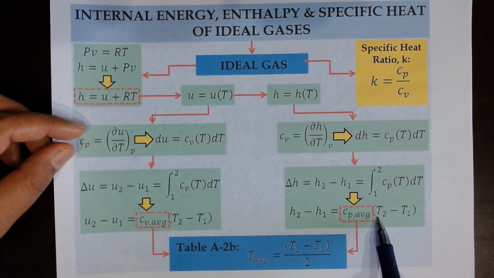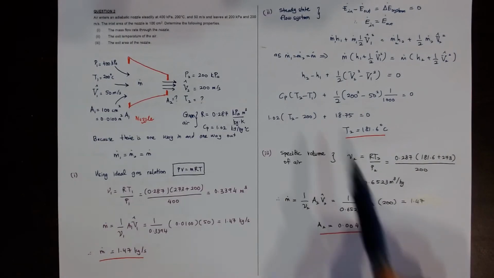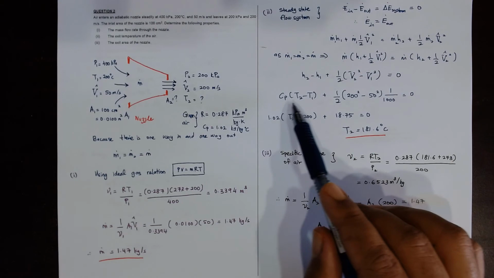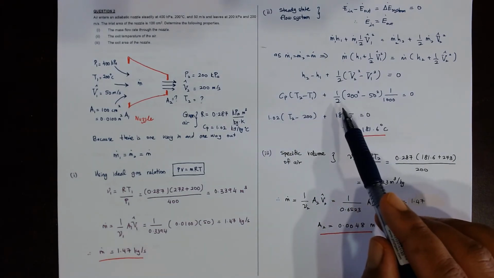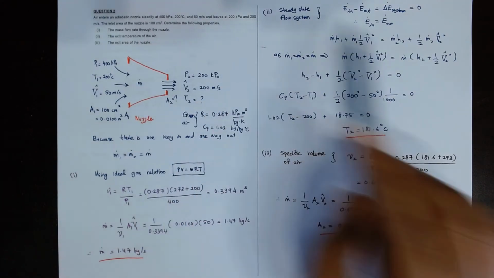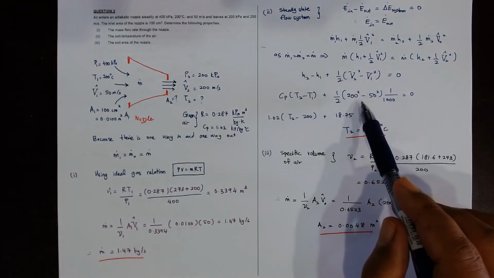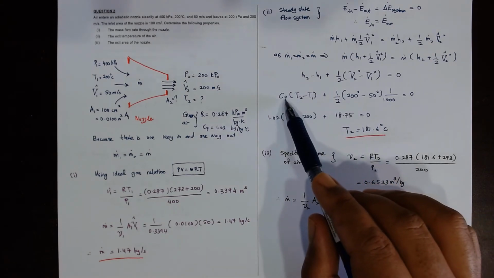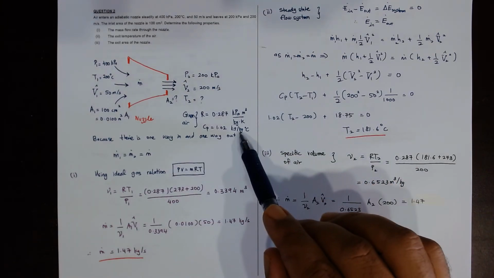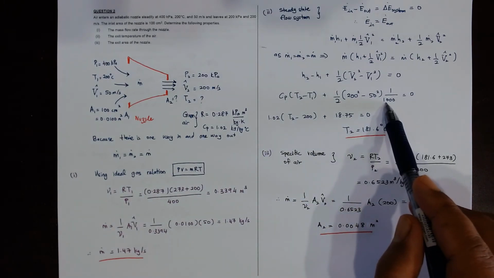So we can just use temperature exit minus temperature inlet times specific heat. So instead of h2 minus h1 we use Cp (T2 minus T1) plus a half (V2 squared minus V1 squared) divided by 1000. Why? Because Cp is in kilojoules, kilo being 10 to the power of 3. That's why we divide by 1000 here.